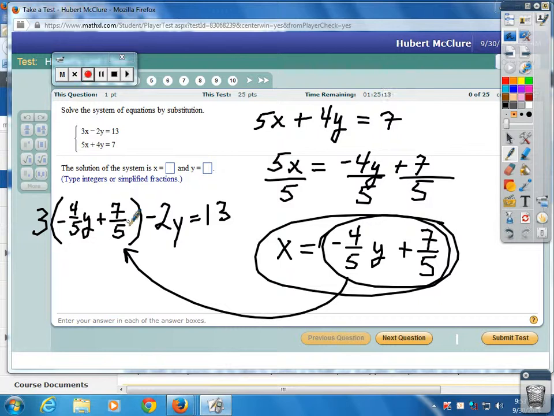And that's going to give us 3 times 4 is what? Negative 12/5 y plus 21/5 minus 2y is equal to 13. I distributed the 3.